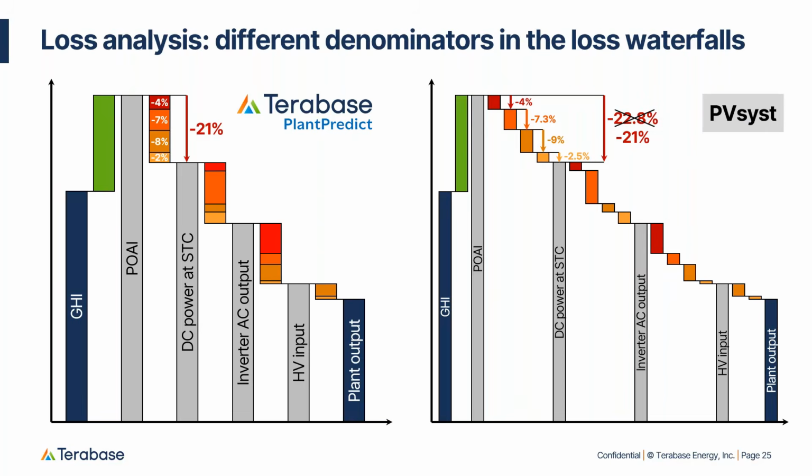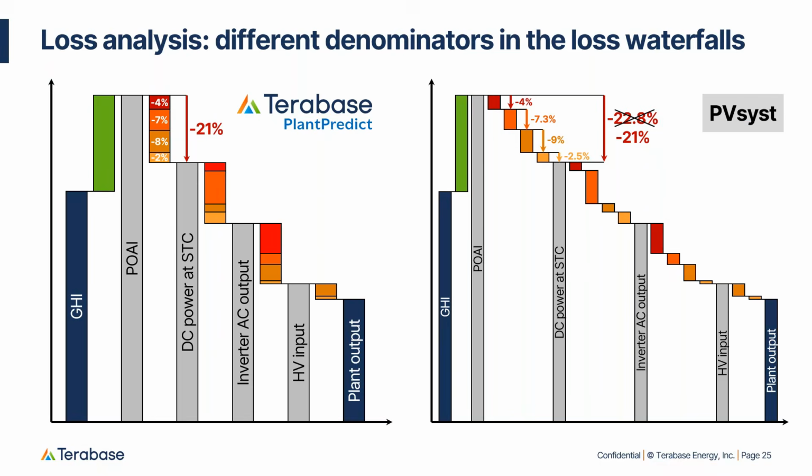Another thing that I want to touch on, and that is important, is that the two tools have a different philosophy when it comes to loss analysis. Here on the left I have PlantPredict, on the right I have PVsyst, and the loss waterfall is exactly the same on both sides. You do get the same loss for each effect, but the way they're reported is different.